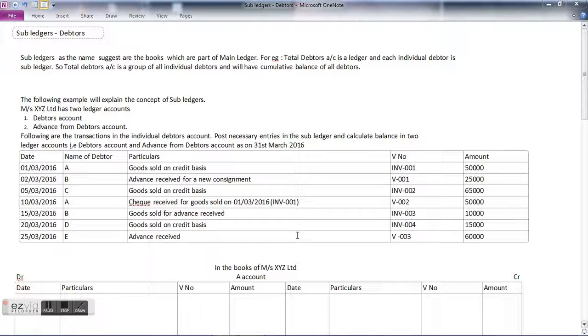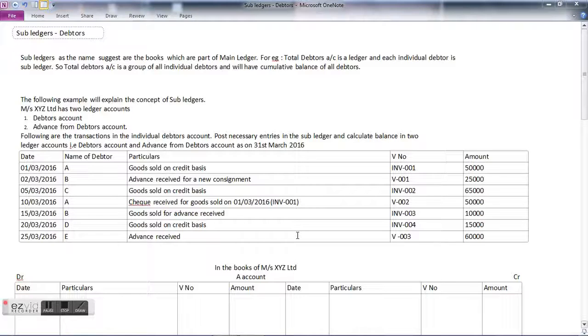As explained earlier, the debtors account and advance from debtors account are nominal accounts, so they are representative accounts. So the individual debtor account will be your subledger. Then you have the name of the debtor, particulars, voucher number and amount, and for each and every transaction we will give you details of all the individual debtors.